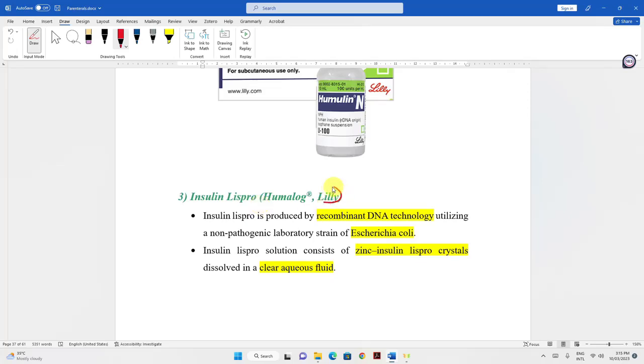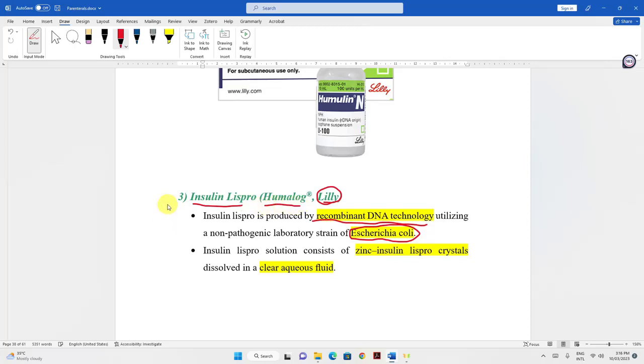Another insulin, and it's not the same as human insulin, it has some differences, which is insulin Lispro. Also from Lilly, through the use of non-pathogenic E. coli and recombinant DNA technology, they were able to produce insulin Lispro, and the product is referred to as Humalog.